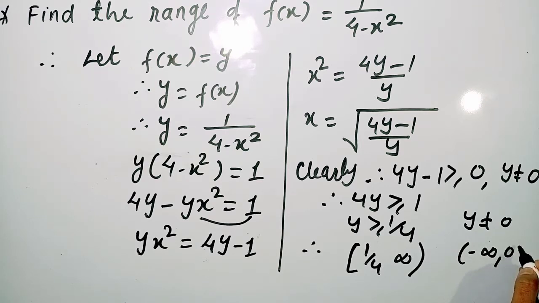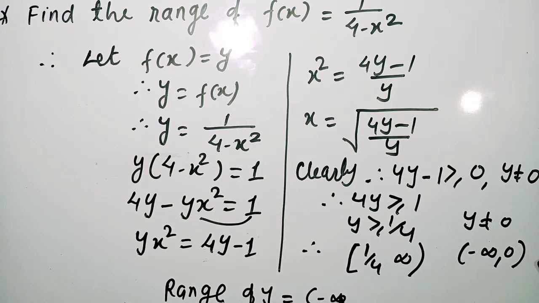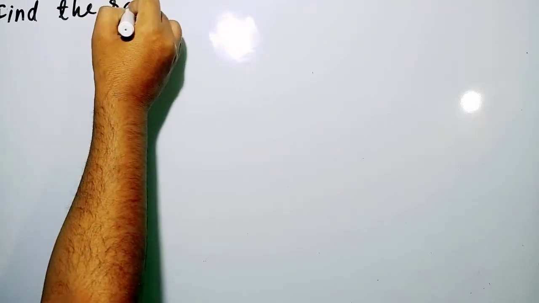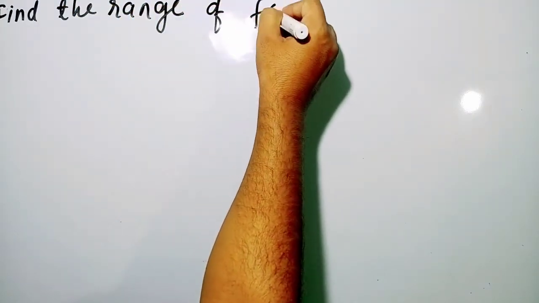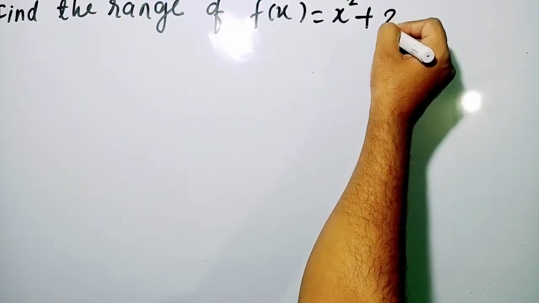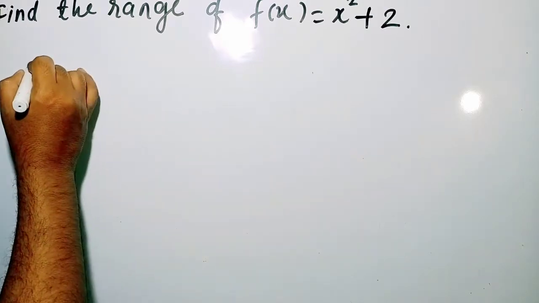We are not taking 0. It means, students, here this will be an open interval and here will be a closed and open interval. So combinedly we can write the range of this function in the form of union: minus infinity to 0 union 1 by 4 to infinity. This is the range.